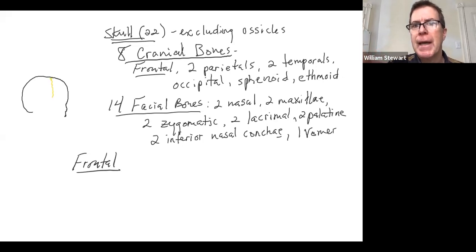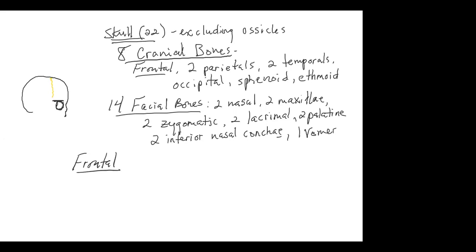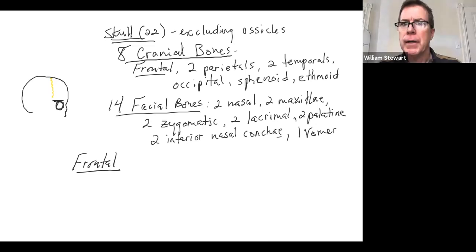That's what it looks like from the outside, but on the inside, it creates the roof of our eye cavities, which is here, and the floor of our brain cavity. Okay, so that's what I meant by those descriptions.